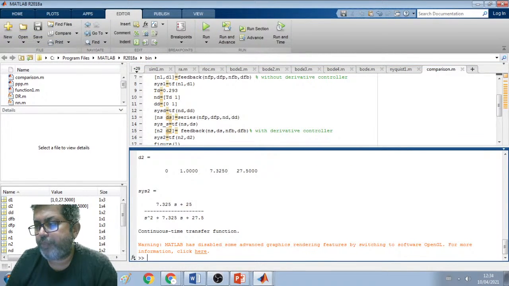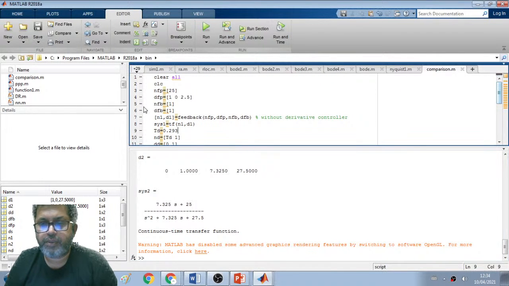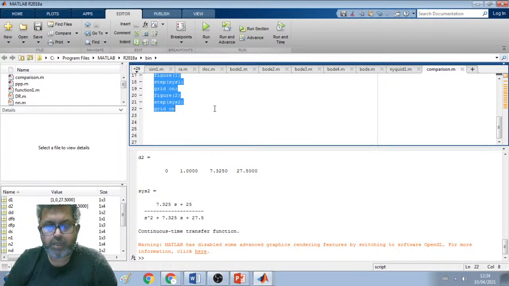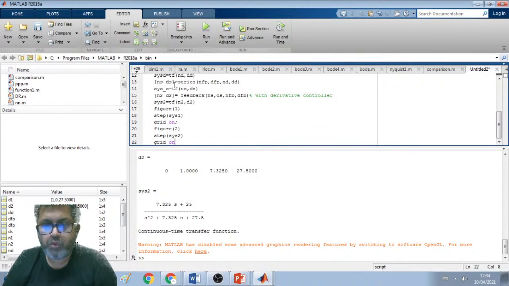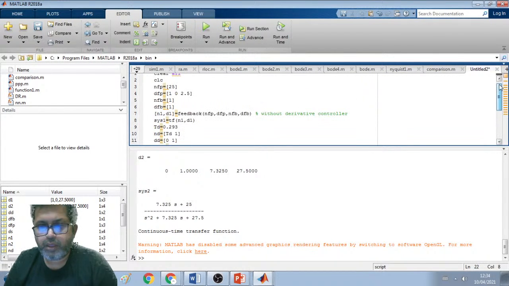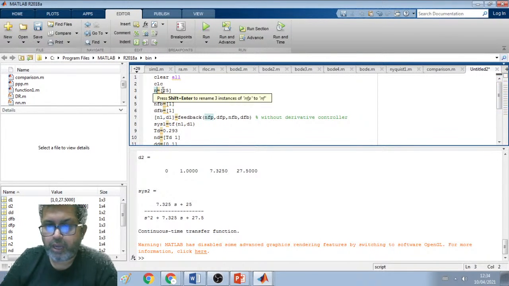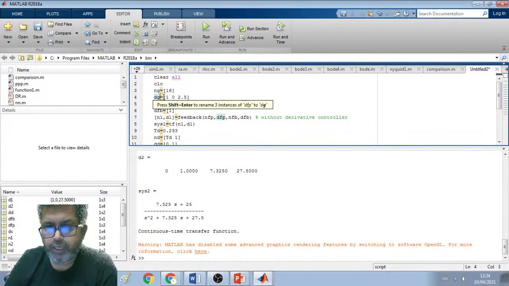Let us copy this code similar to this example, so it will save our time. Control C, Control V. Here I will say ng is equal to 16, dg is equal to 1, 0, 1.6.